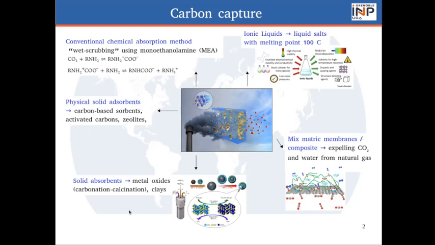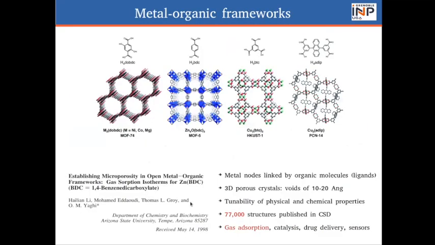Among this last family of materials, I'm particularly interested in metal-organic frameworks, which are three-dimensional materials that were discovered for the first time in the late 1990s by Omar Yaghi and co-workers.